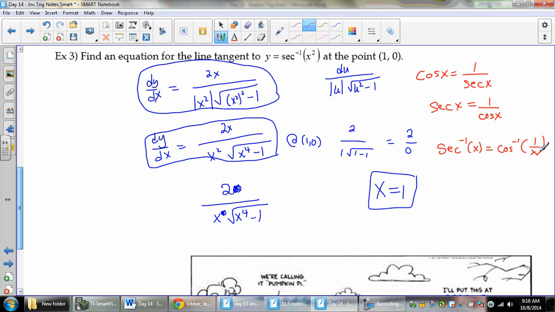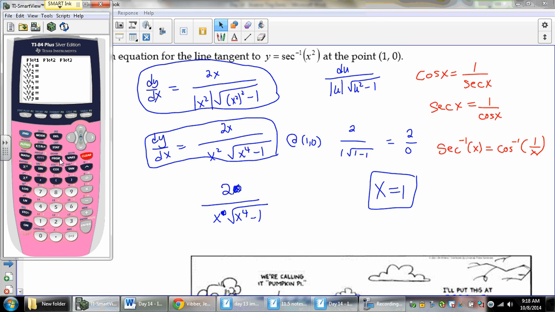The ratio gets its reciprocal taken, not the angle. I don't do 1 over inverse cos, I do the inverse cos of 1 over x. So the reason I tell that story is because now we're going to come back here to the calculator. So if I want to do inverse secant of x squared, I need to do inverse cosine of 1 over x squared.